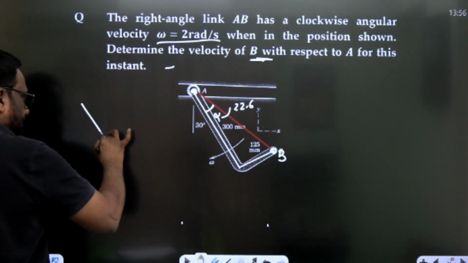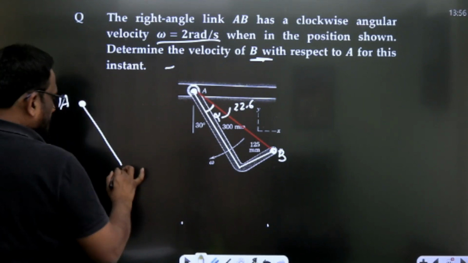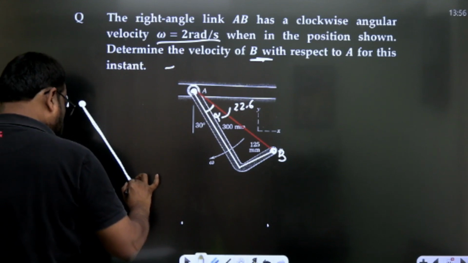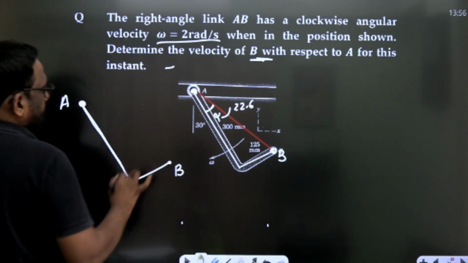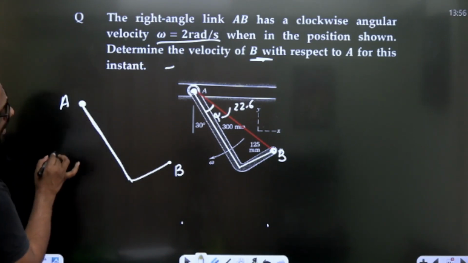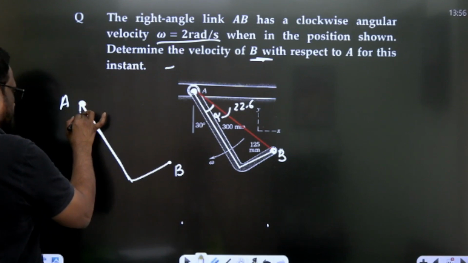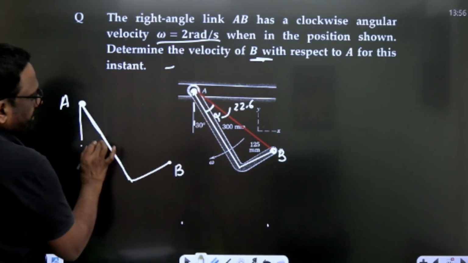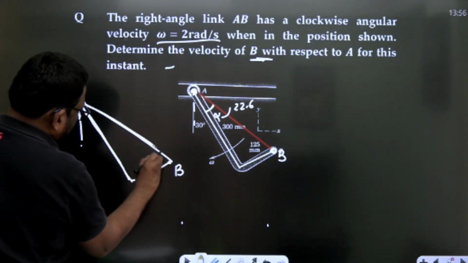Let me write clearly. This is point A. ठीक है, sir. This is point B. And if you observe, कौन सा total angle बोल रहा हूं sir? Vertical के respect से, ये वाला एंगल बता रहा हूं सर, AB का एंगल.